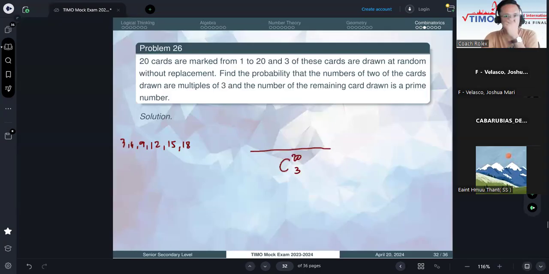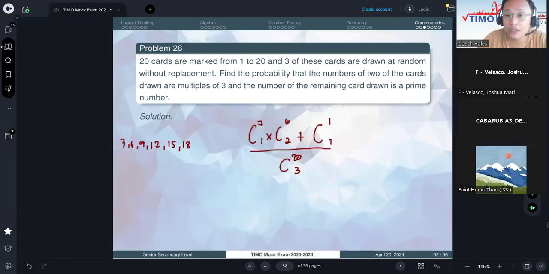Right? So the first one is 2 cards drawn are multiple of 3 without replacement. So we have 3, 6, 9, 12, 15, 18. Bakit 20 cards are what? So 6. So from here we have 7 taken 1 times 6 taken 2. We need to add the 1 taken 1, of course, prime, no?